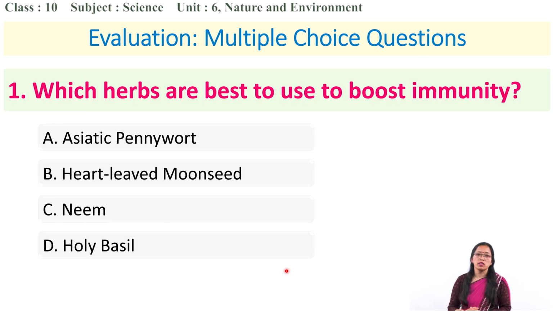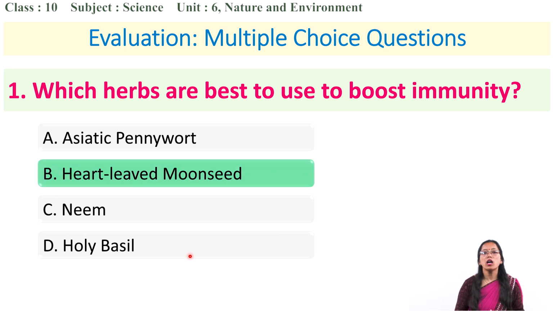The first question is, which herb is best to use to boost immunity? Asiatic pennywort, heart-leaved moonseed, neem or holy basil? Which one is the correct option? Can you guess? Yes, it is heart-leaved moonseed.